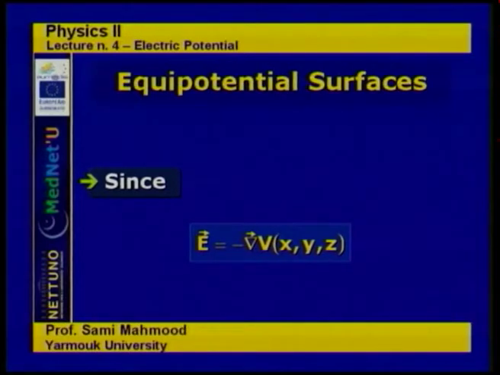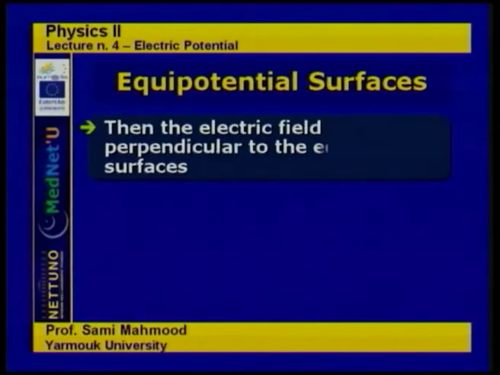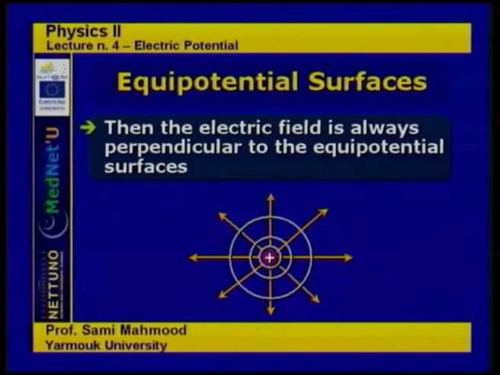that means the electric field, because it's a gradient of the function that determines the potential, is always perpendicular to the equipotential surfaces. That is a conclusion. So if we have, for example, a point charge, the equipotential surfaces are spherical around the charge, with the point charge at the center.